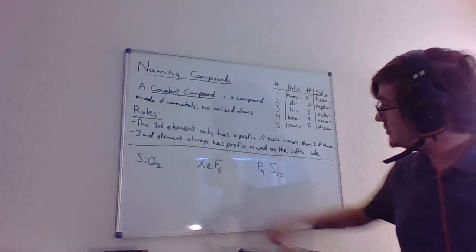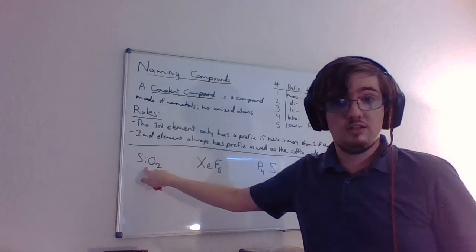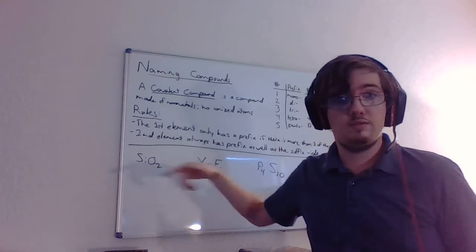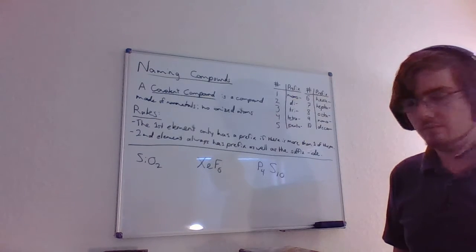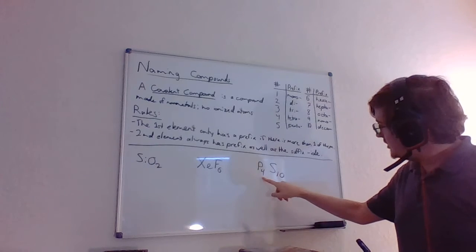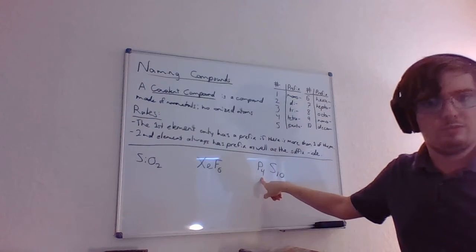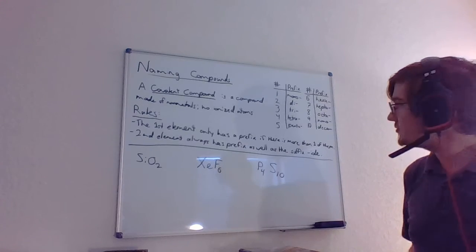So for example, this silicon right here, the Si, doesn't have a subscript, so therefore there's only one of them, meaning that it doesn't have a prefix. But this P here, the phosphorus, does have a subscript. It has a subscript of 4, meaning there are 4 of them. So that means it's going to have a prefix.